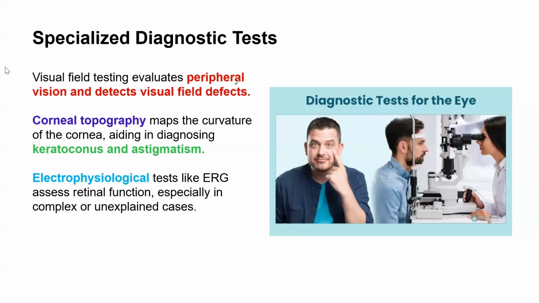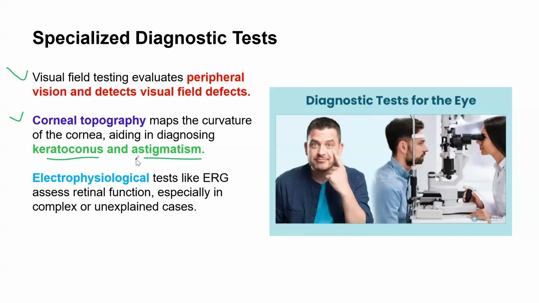Then, apart from visual field testing, we also have corneal topography, which usually maps the curvature of the cornea, aiding in diagnosing keratoconus and astigmatism. So you can use corneal topography for the diagnosis of keratoconus and astigmatism.